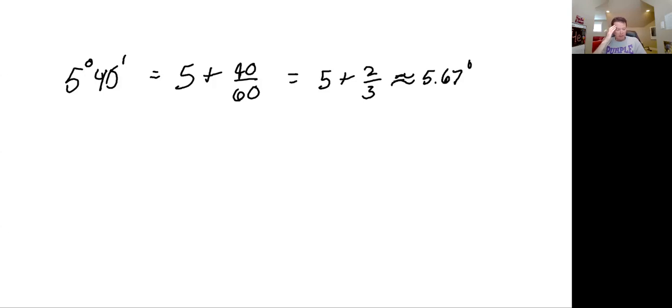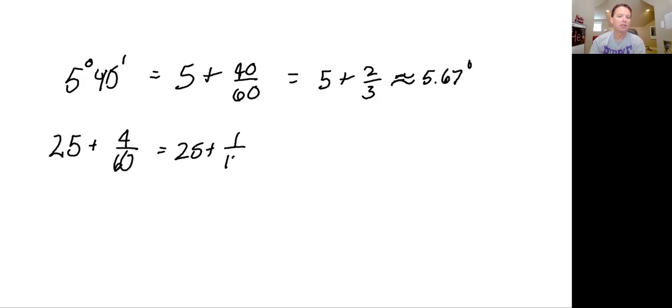That was one of the multiples of 4, right? So 25 degrees 4 minutes. That's 25 plus 4 over 60, which is 25 plus 1 over 15, about 25.07.